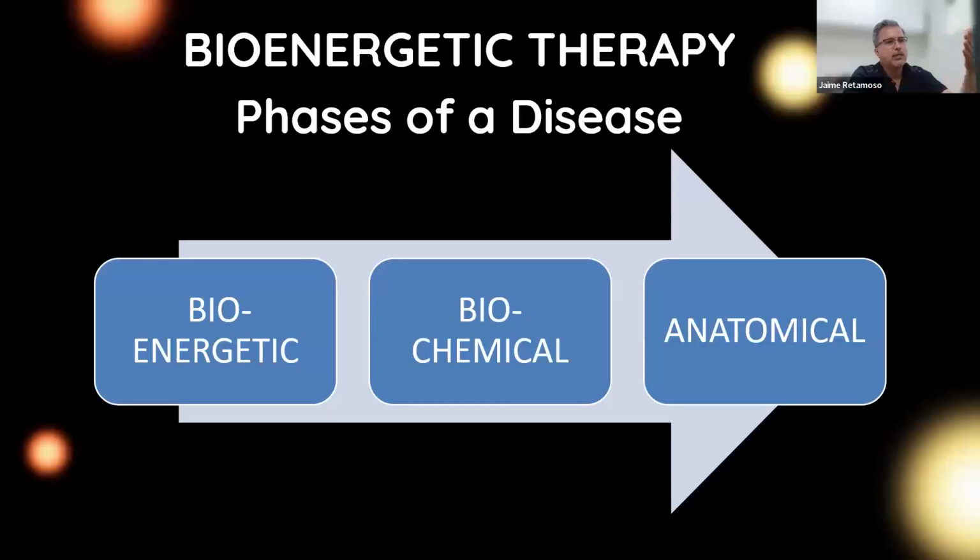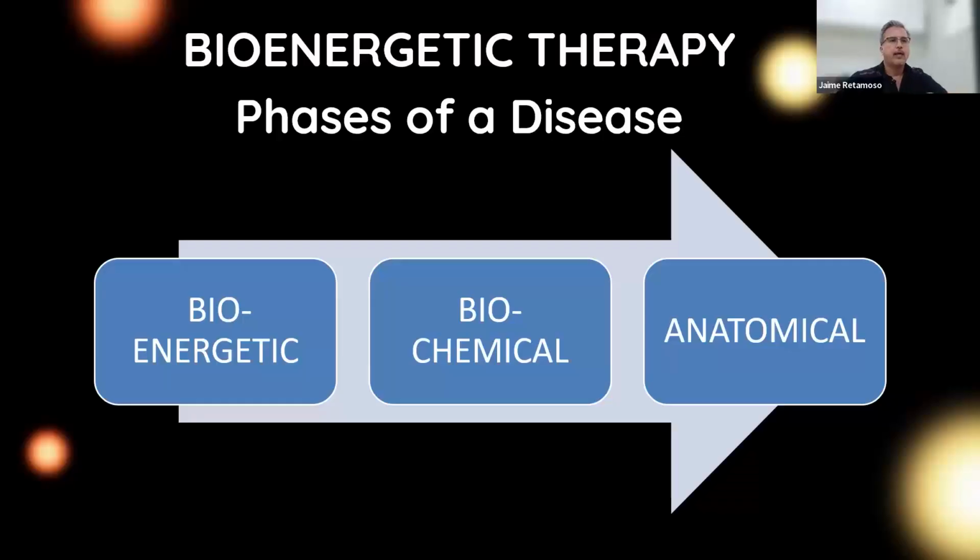When they check the blood work, everything is normal, but the symptoms are already there. So the doctor says, okay, you have nothing, we just need to follow up, and there is nothing we can do right now. But we know that these cells are losing energy.